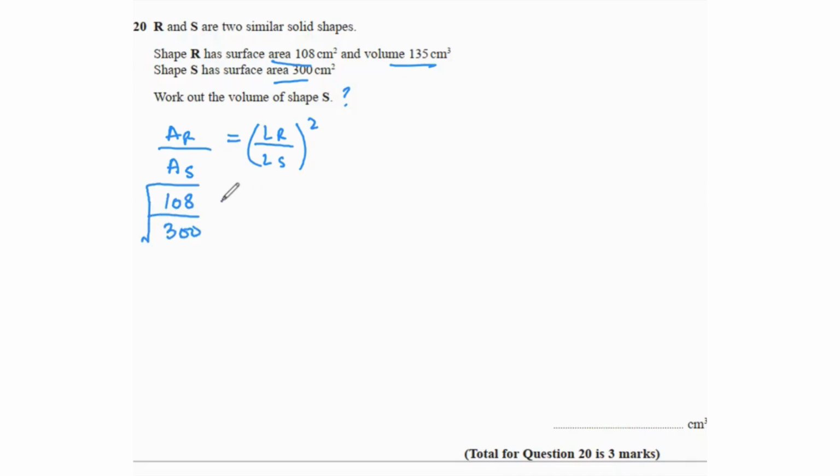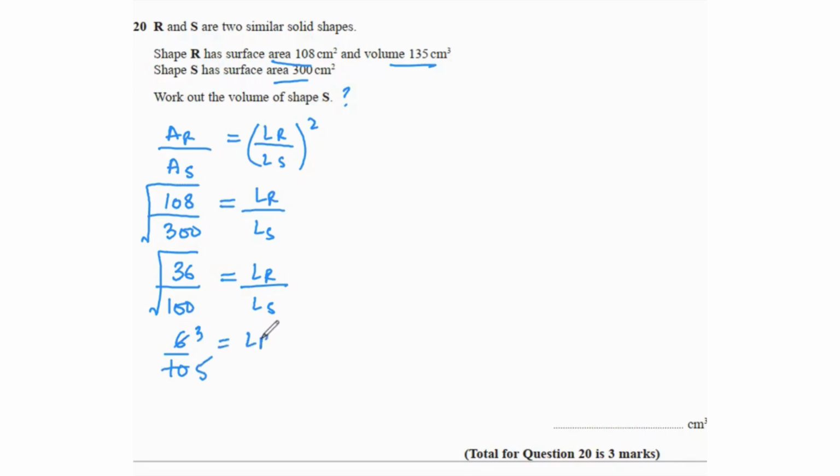We square root that to find the ratio of length of R over length of S. So if we simplify, 108 divided by 3 is 36, and 300 divided by 3 is 100. Now we square root that. That's 6 over 10, and 6 over 10 further simplifies to 3 over 5. That is the ratio of length of R to length of S.